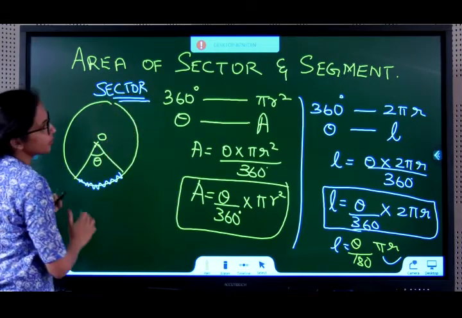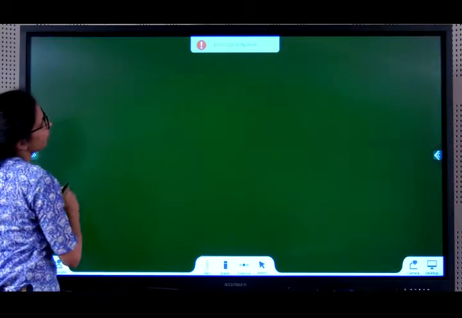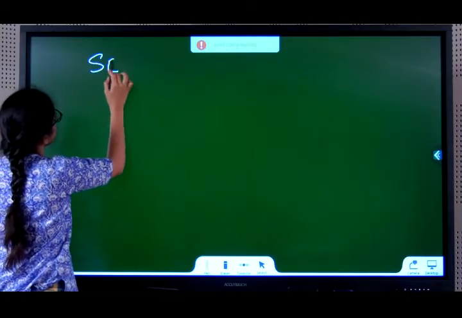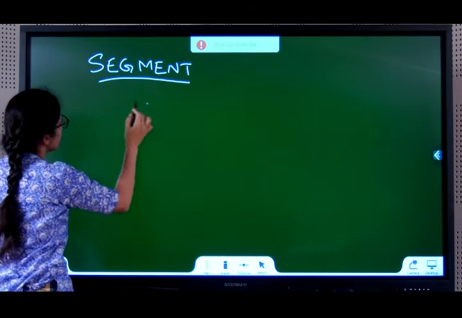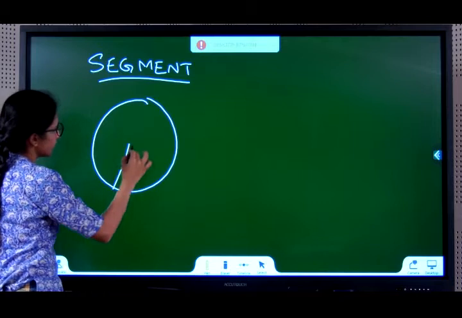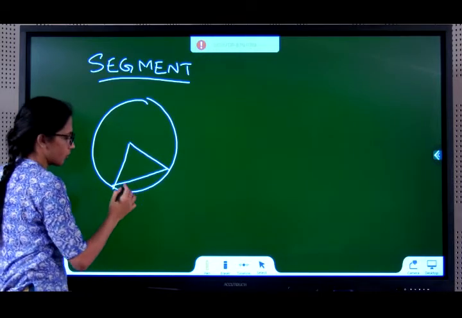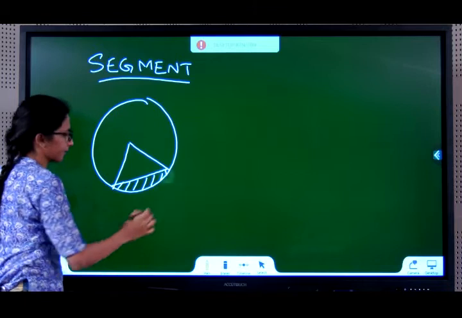Now let's go to segment. This was the sector, this is the chord, this is the segment.